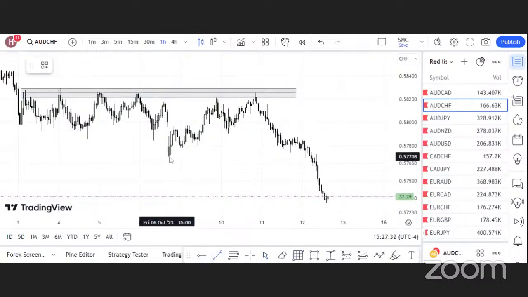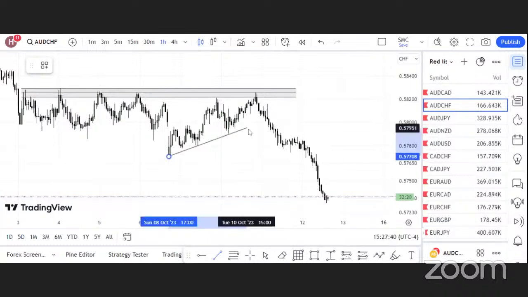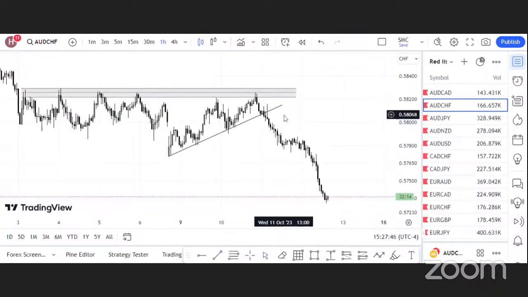And then we have this, this, this, and this. So I think if I draw a line, it's going to align with all of that. Yes, and it did. Okay, your trend line doesn't have to be perfect. You just have to draw it in a way that is going to make sense.